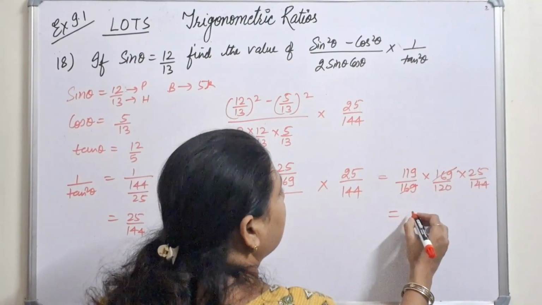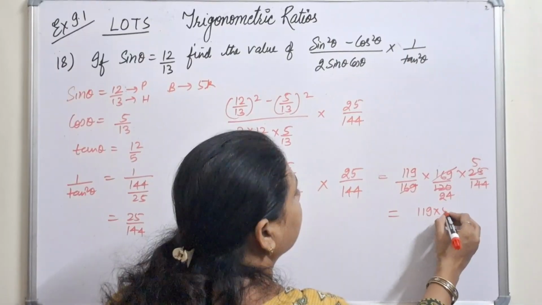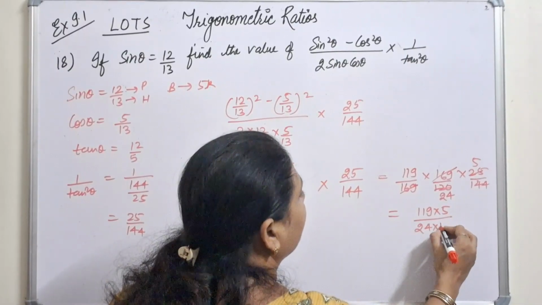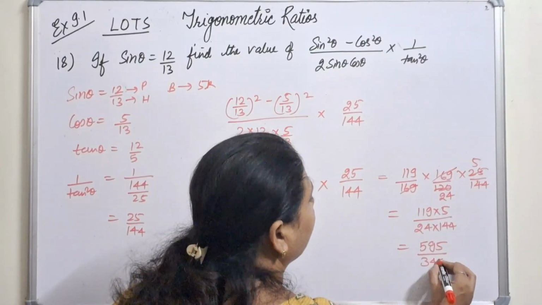This is cancelled and this is cancelled. So 119 into 5 upon 24 into 144, that is 595 upon 3456.